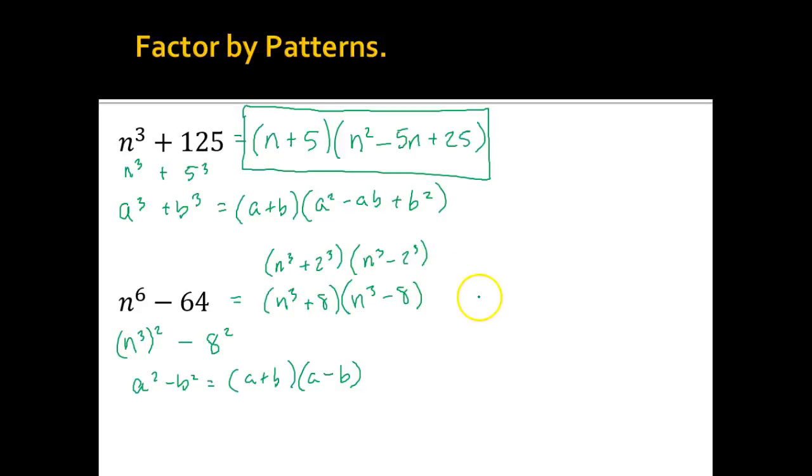N cubed plus 2 cubed would be n plus 2 times n squared minus 2n plus 2 squared, which is 4. And then n cubed minus 2 cubed would be n minus 2 times, and I'm going to have to go to the next line, n squared plus 2n plus 4.